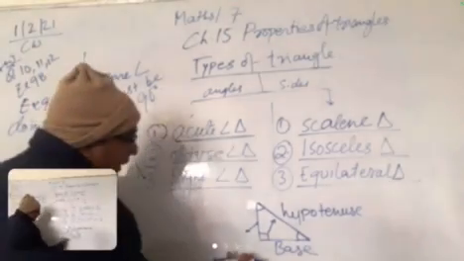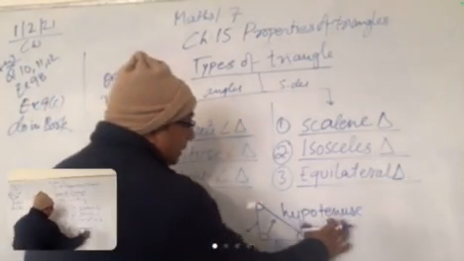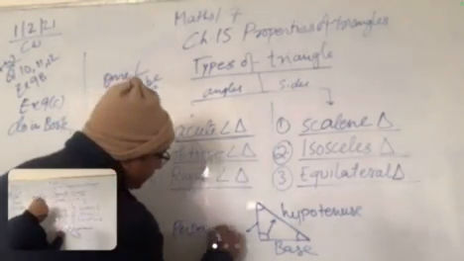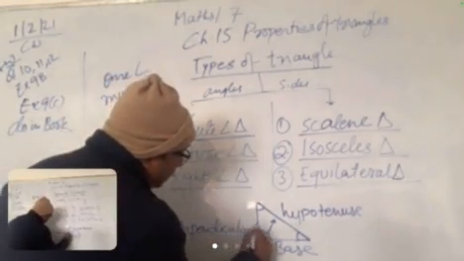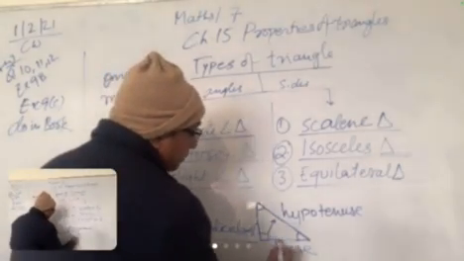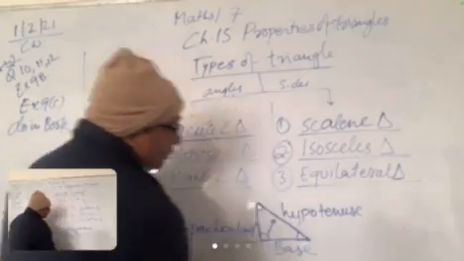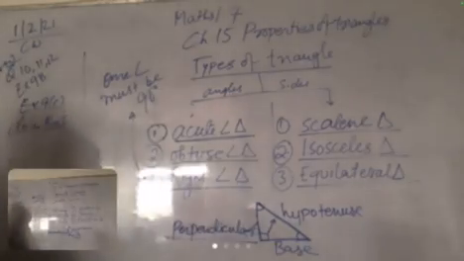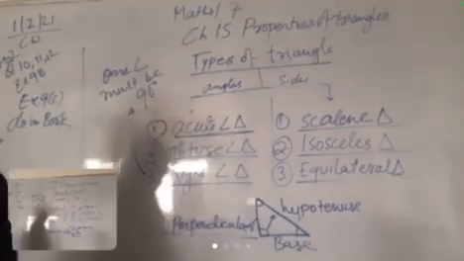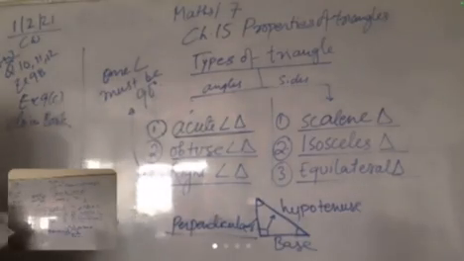In a right angle triangle, this is the base, this is the hypotenuse, and this is the perpendicular. Clear? Got it?